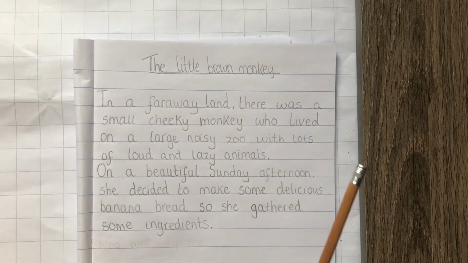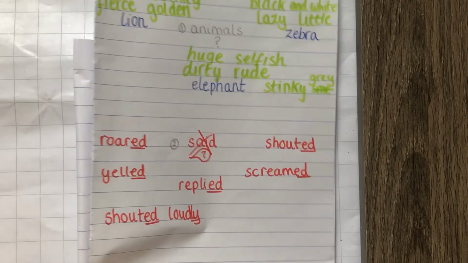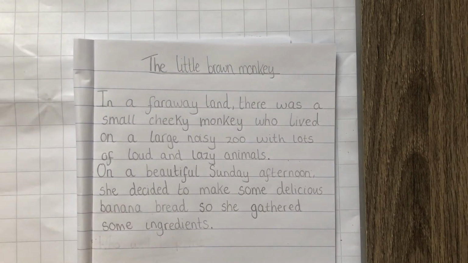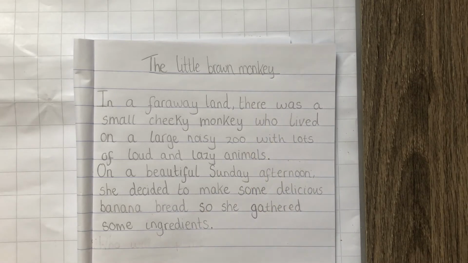I have my title, the beginning and the build up, and now we're writing the problem. I've also got my list of vocabulary that will help me with my writing today. I'm looking at my story map and I can see that my main character, which is my monkey, is going to ask a question in our story.